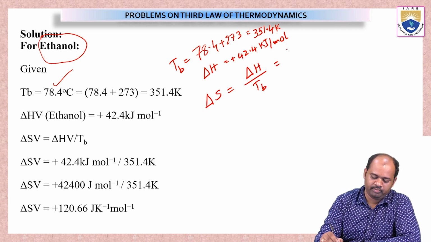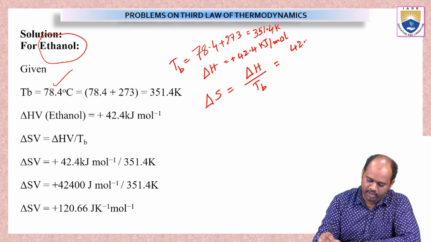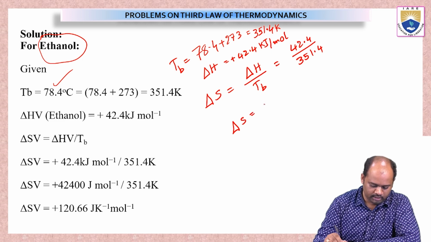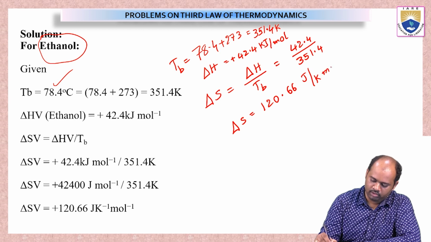So delta S is delta H divided by TB, which goes like this: 42.4 divided by 351.4. So the change in entropy of this system is going to be 120.66 joules per Kelvin per mole.